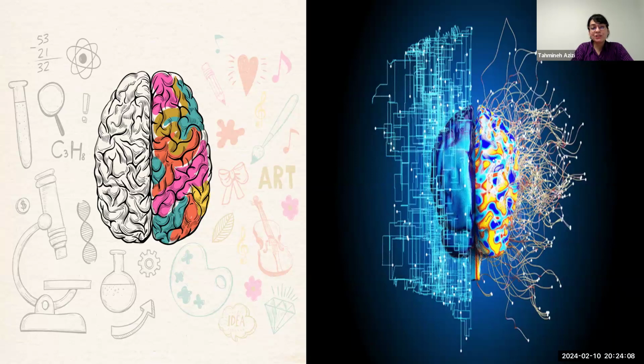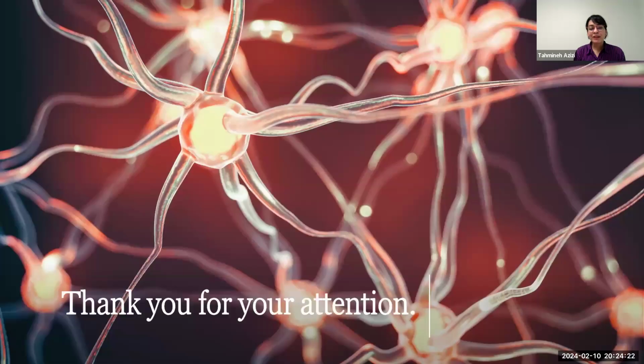Even modeling one single neuron is very complicated. When we are talking about a network of neurons, we need to include different time scales, like macro scale and micro scales. So I'm going to finish the presentation here.